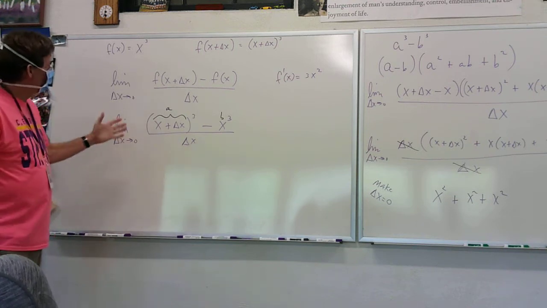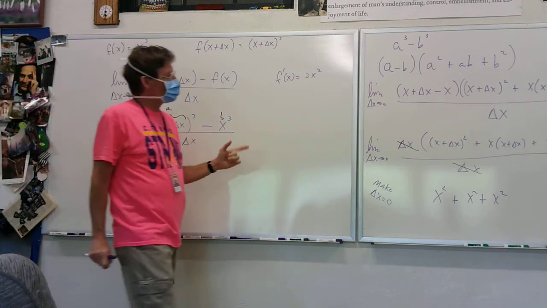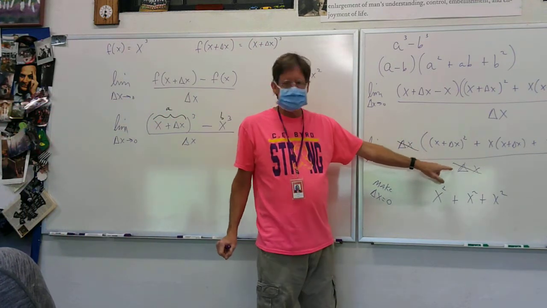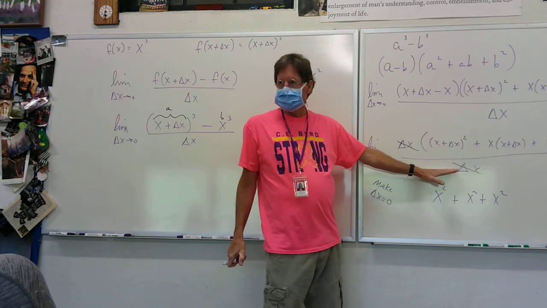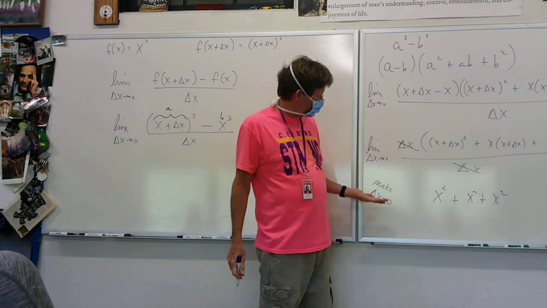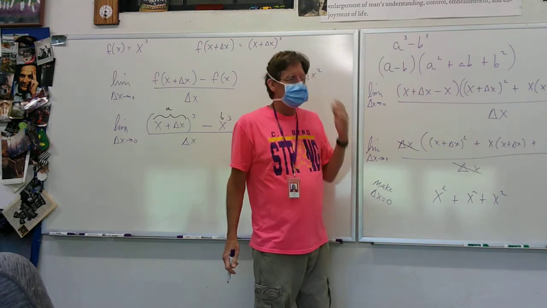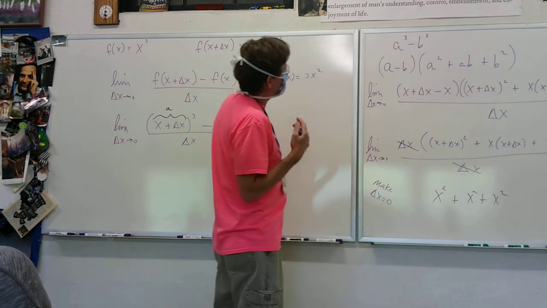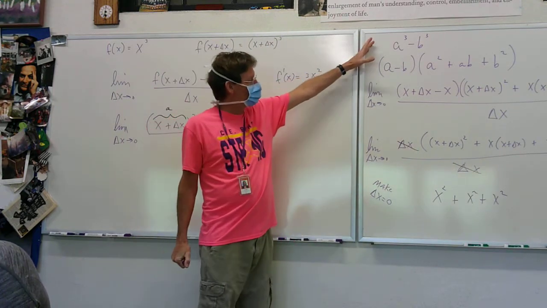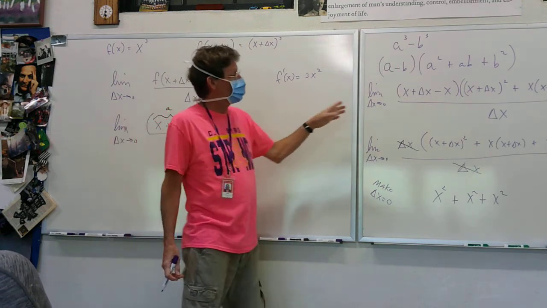Now, let's think about the process. When you're proving using this formula, you've got to reach a point where that delta x divides out. That's the whole key right there. And then once that delta x is divided out, you can make delta x equal 0, and you're going to get the results. Now, the part that I wanted to show you today is, if you use the cube rule, you just saved yourself a whole bunch of work.